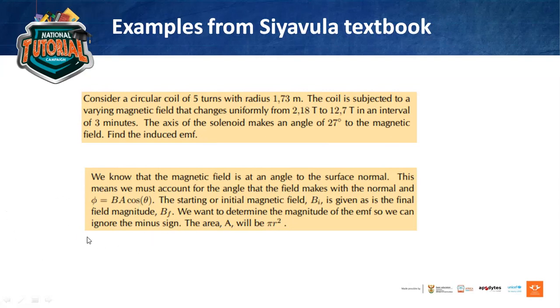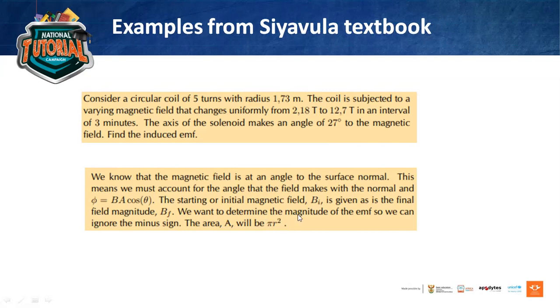For the equation, in this case our magnetic flux will be equal to B times A times the cos of theta. Okay, so the starting or initial magnetic field, B1, and the final magnetic field, BF, will be our magnetic field.